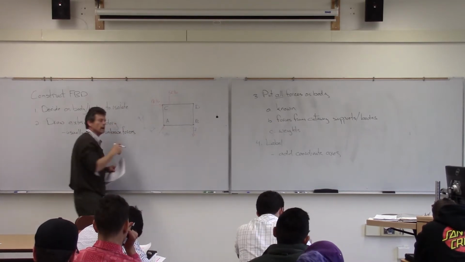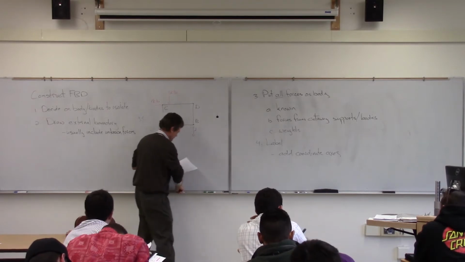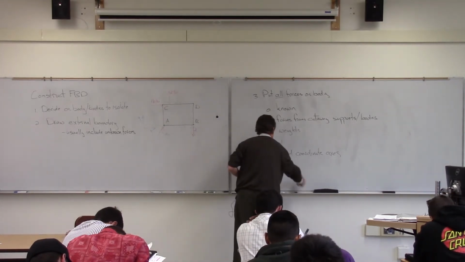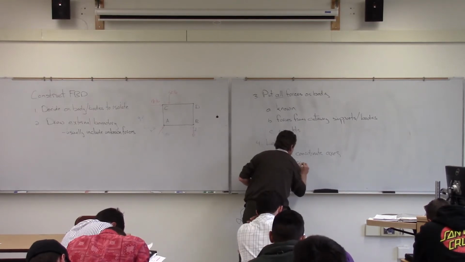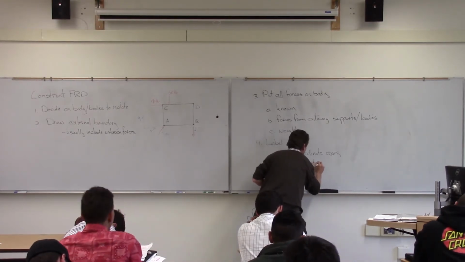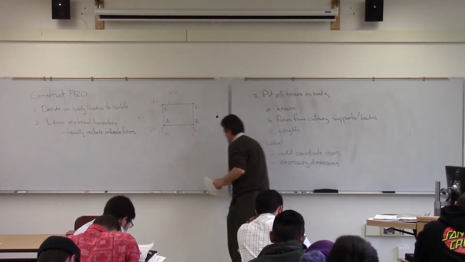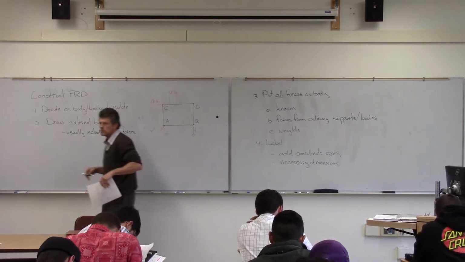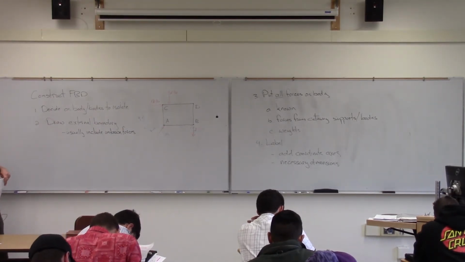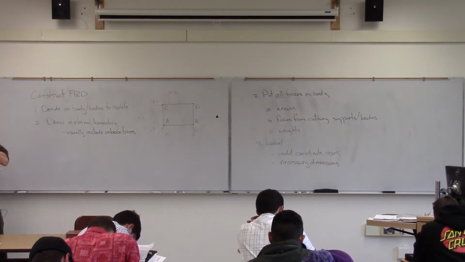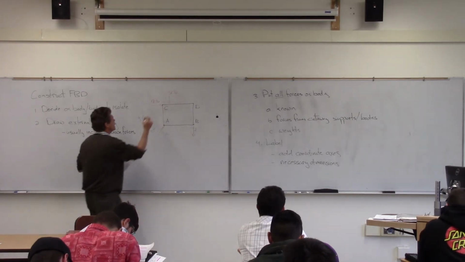It may be on the body or may be off, but again, I'll probably choose something like horizontal as x and then the other thing is necessary dimensions. And there may be lots of dimensions on there, but again, what you need to at least show on there are the necessary ones. You can show them all if you want. That's comfortable, makes you comfortable, fine.